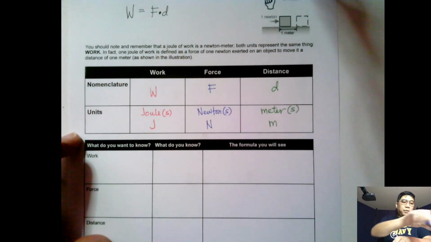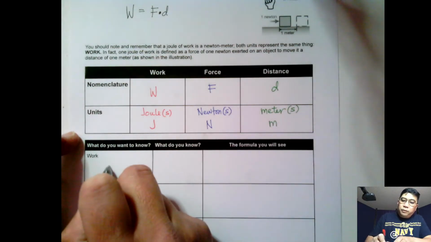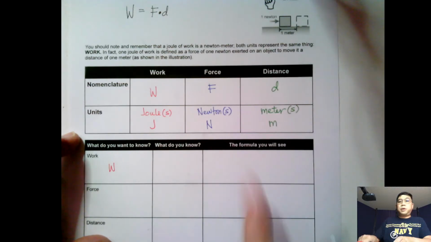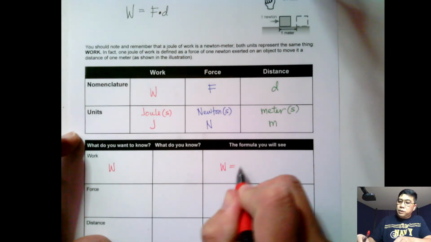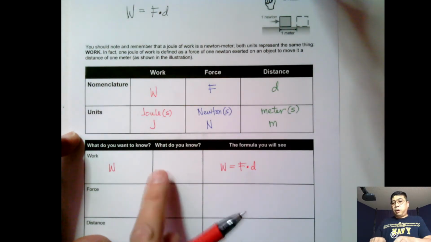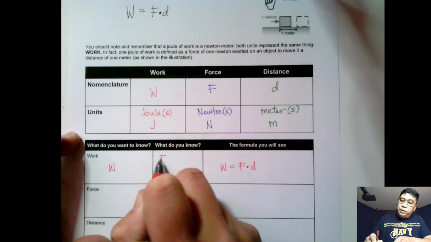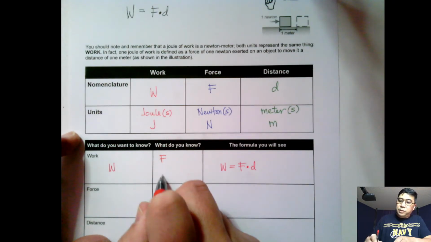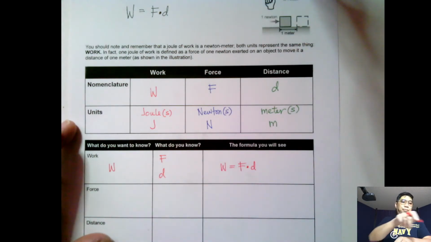For example, if you're solving for work, the equation should be written as W equals force times distance. What is available to you is your force and your distance, so these two pieces of information must be provided in your problem.